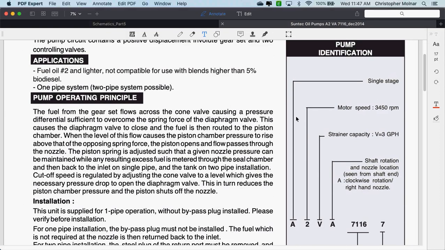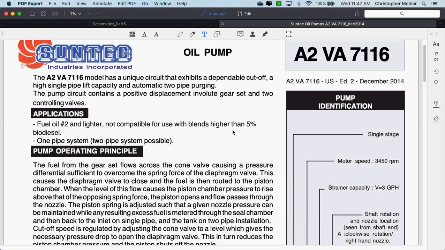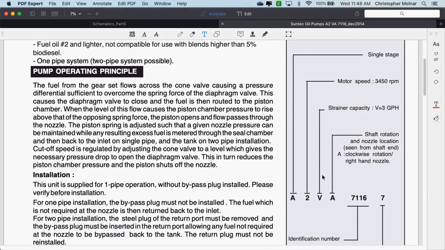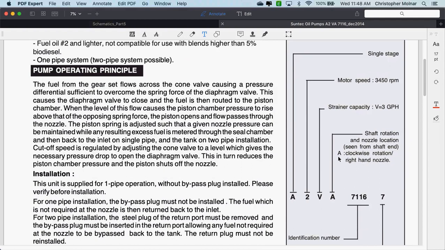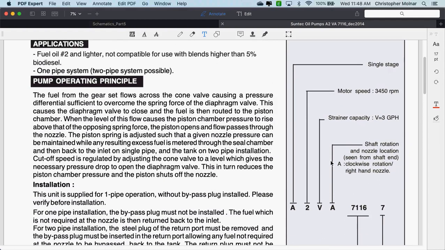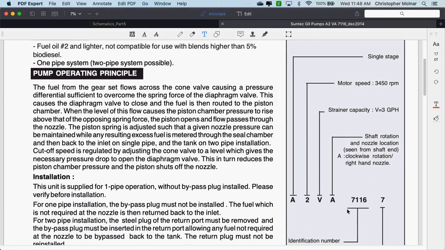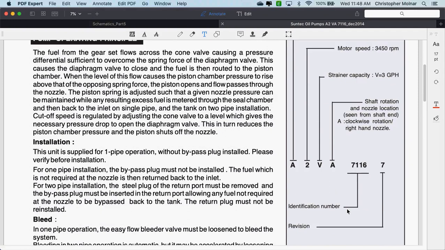They've been around forever. This handout that is in your course under the oil pump module has the pump identification. If all you have is a model number on a pump and you really don't know what it is, you can look at this diagram and it will actually tell you how to decipher the model numbers on the pumps.